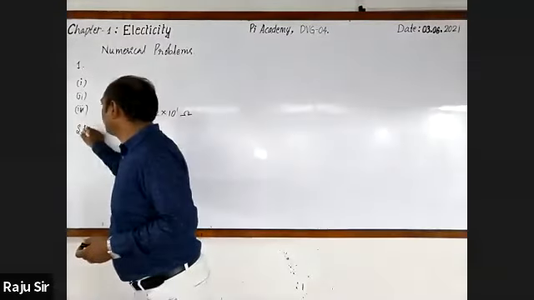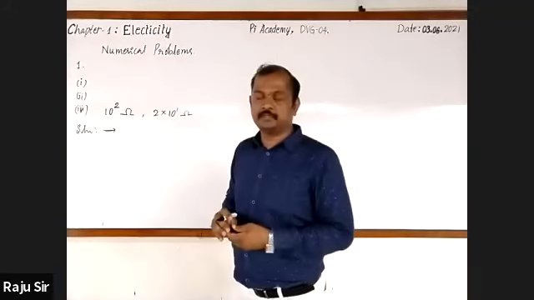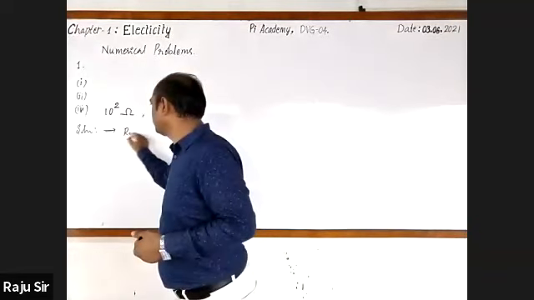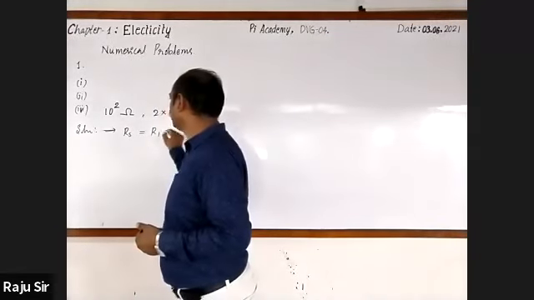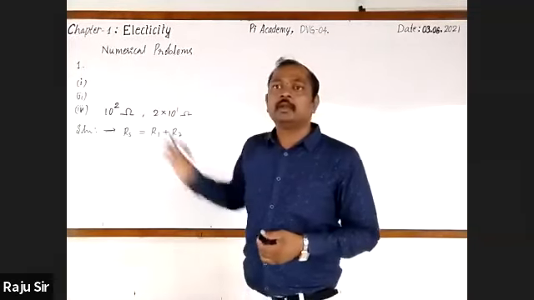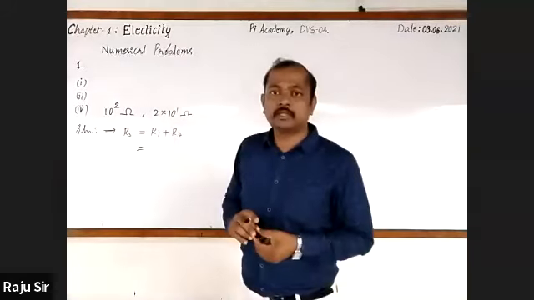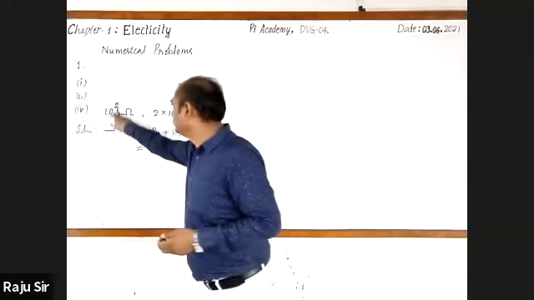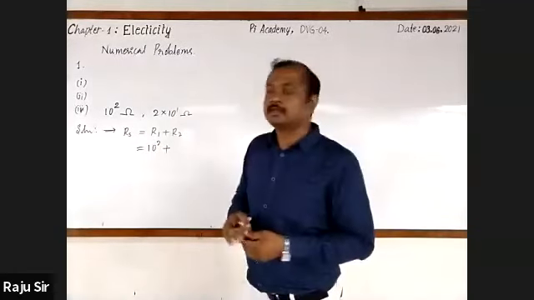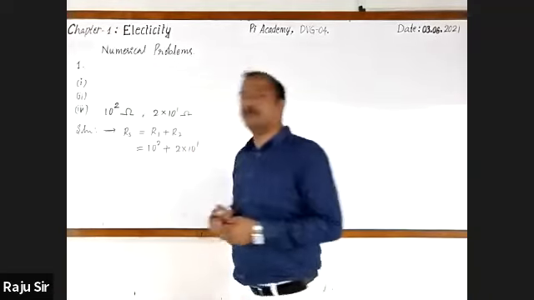Yes, let's go for finding them. We know that there are 2 resistors. As they are connected in series, the total electric resistance can be written as Rs is equal to R1 plus R2. Go on copying with me. Then this is equal to, the resistance of the first resistor is 10 raised to the power 2, plus the second resistor, 2 into 10 raised to the power 1.